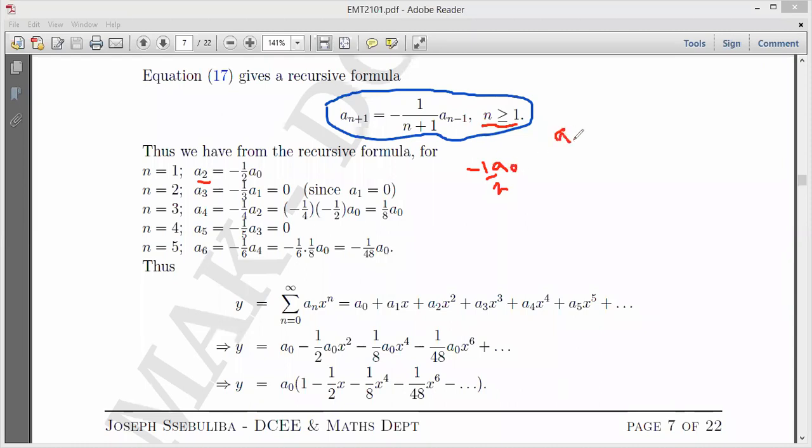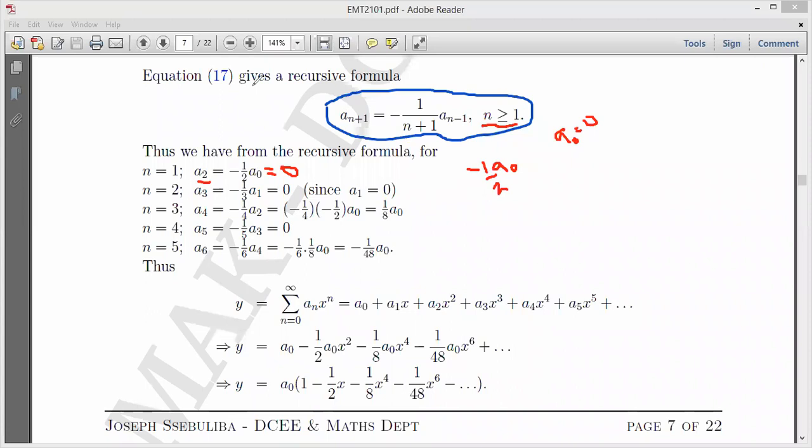But remember, from up there, we know that a naught is 0. So when you substitute in here, that will definitely disappear. So it means you will end up with a2, which is 0. So here you can easily say that this is equal to a naught. Why? Because of this a naught.